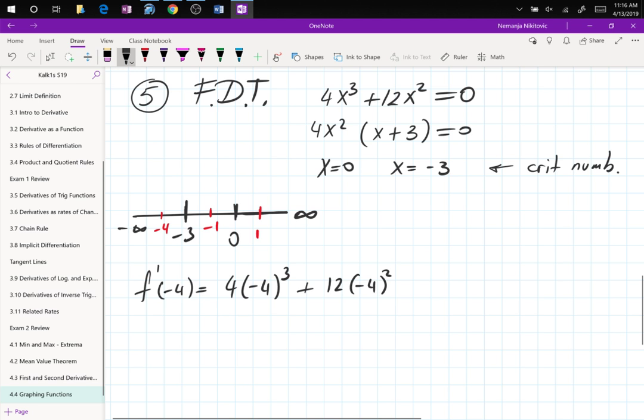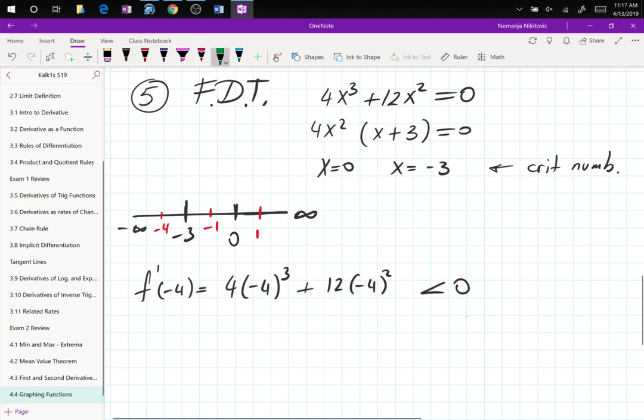And then you have to multiply it by 4, so it's really a lot. If you take a look at this, it has 4 4s, and this one over here has 2 4s and a 3. So this is bigger, and it's negative. And this is smaller, and it's positive.